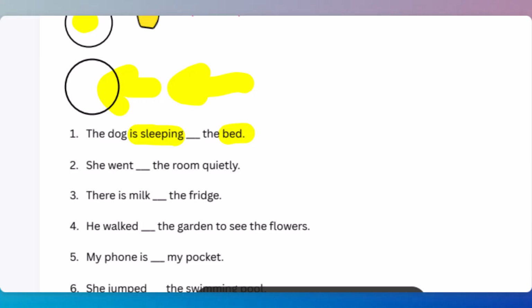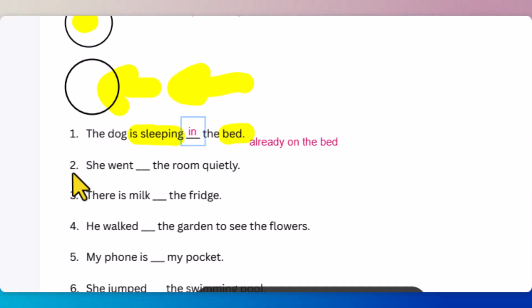And where are they sleeping? They're sleeping in the bed. So we would say our answer is in because the dog is already on the bed. It's not like they're getting into bed, they are already on the bed. So our answer would be in the bed.